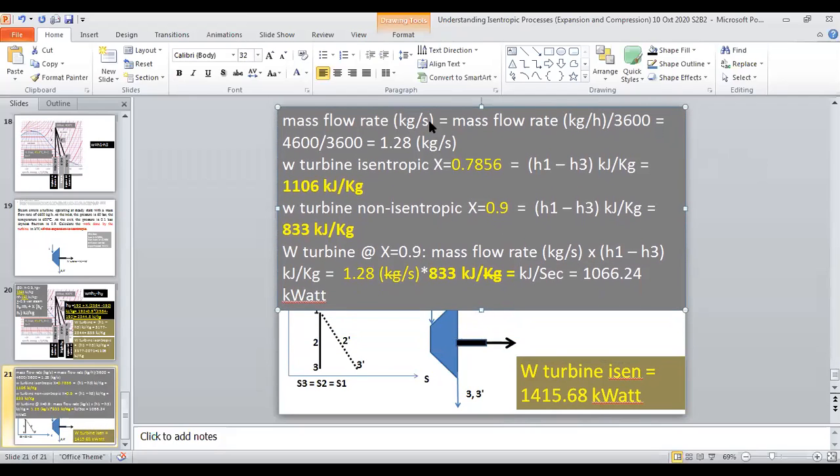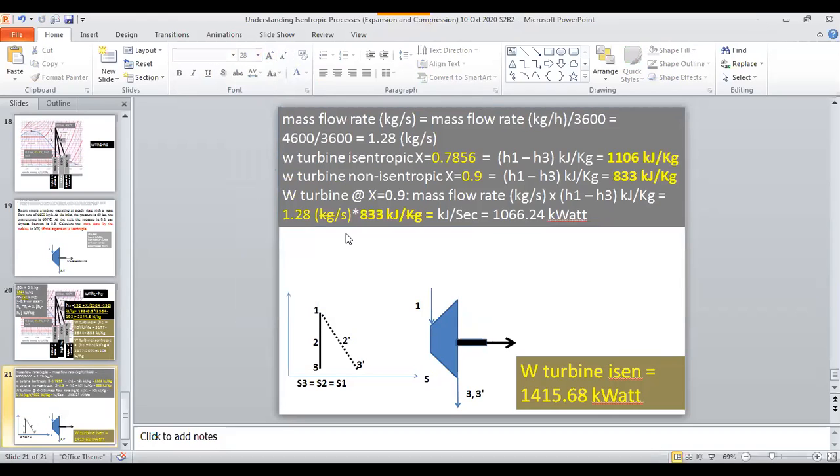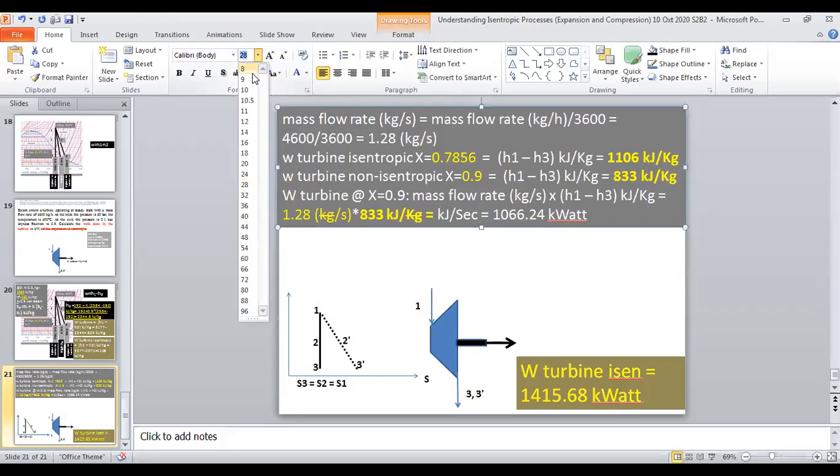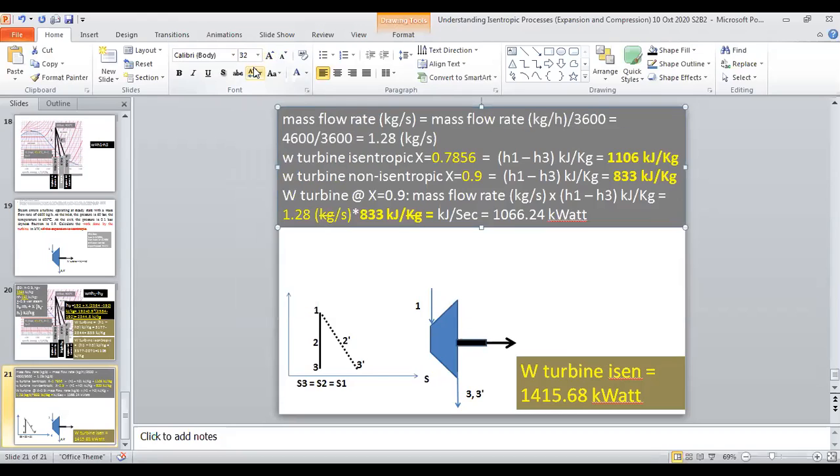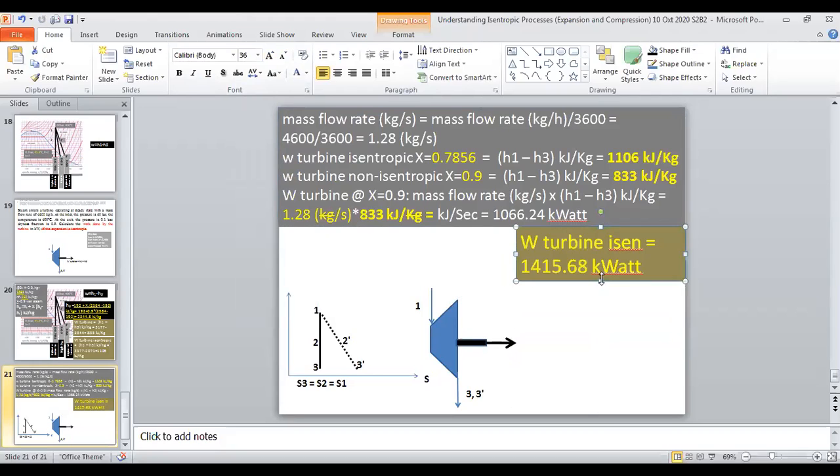Further, maybe I will make the font size a bit small. Good. So W turbine is this isentropic.